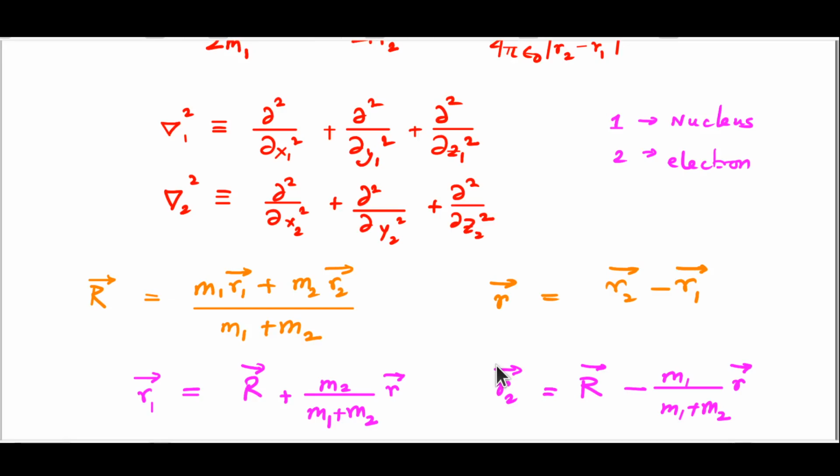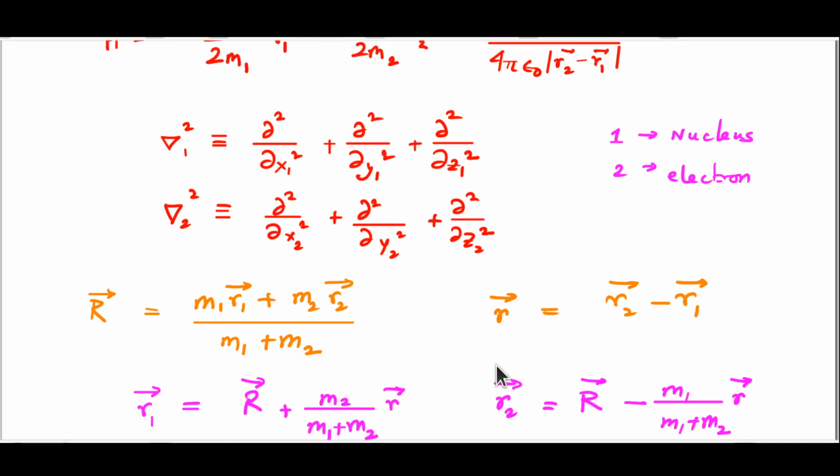What we need to do right now is be able to rewrite the Laplacians, which are with respect to the coordinates of particle 1 and particle 2, in terms of other Laplacians, which are in terms of the components of the center of mass vector and the relative vector. For this, we need to write the components capital X, capital Y, capital Z of the center of mass vector and small x, small y, small z of the relative vector in terms of the components of r1 and r2.